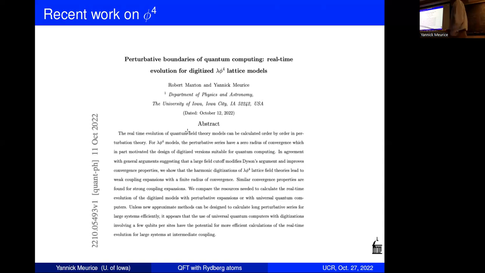Now, when you digitize this model, you keep only a finite number of values for phi, and it kills this argument. There's a minimal energy that you can reach by going to the end of the negative phi^4 potential, and so perturbation theory is convergent.